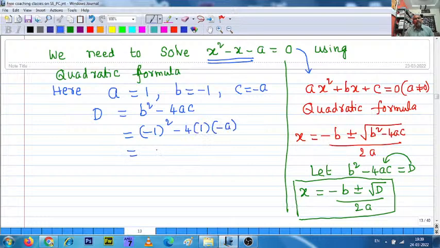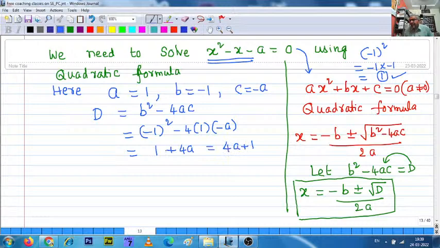Don't get confused, my dear students: minus 1 square means minus 1 into minus 1. Minus into minus is plus, so you will get 1. Minus 1 to an even power gives 1, so minus 1 square is 1. Minus into minus is plus 4a, so you get 1 plus 4a.